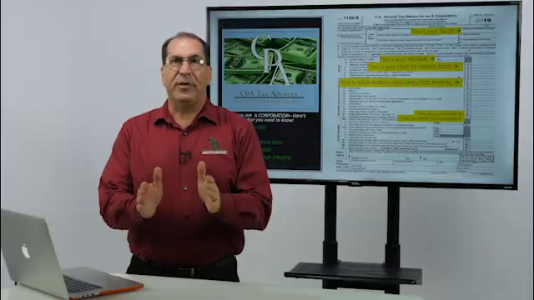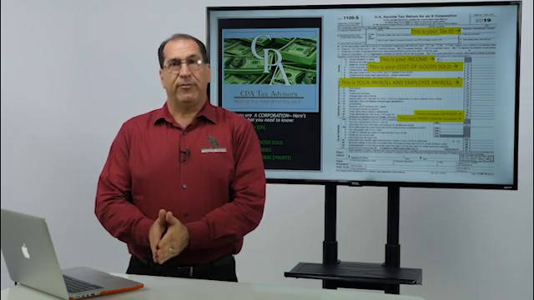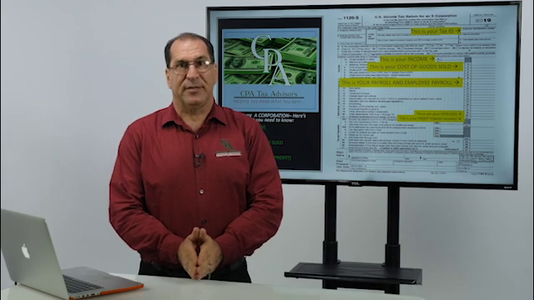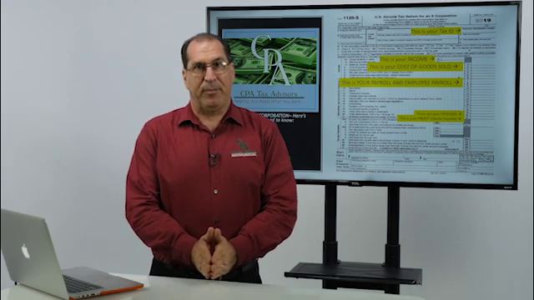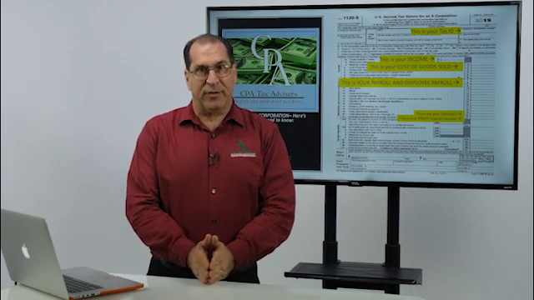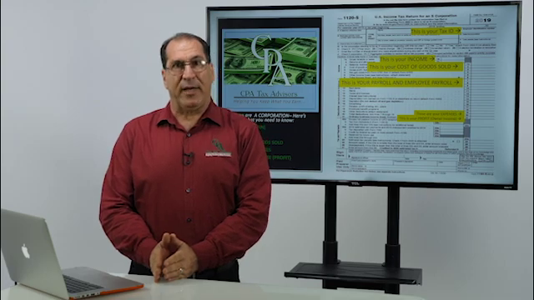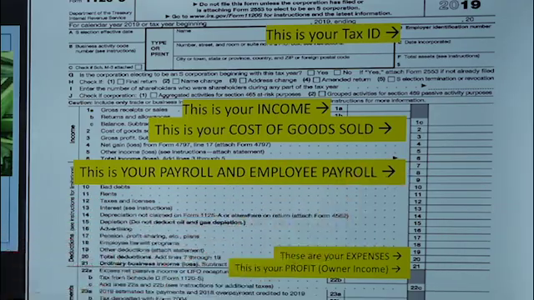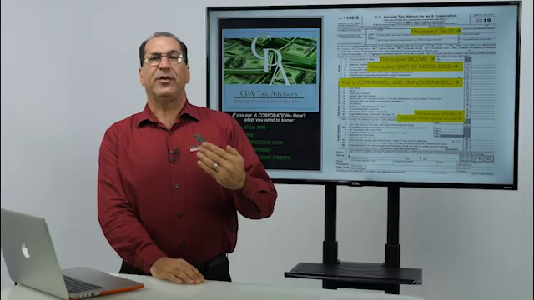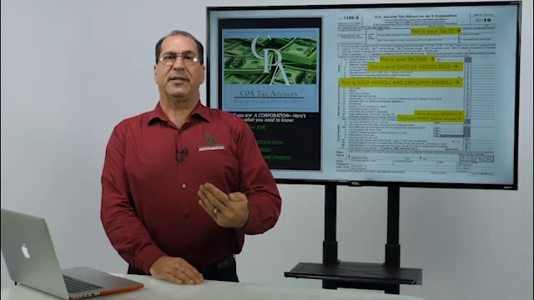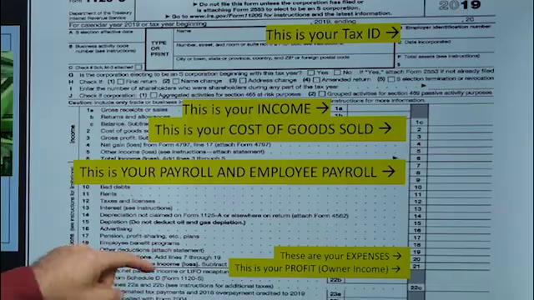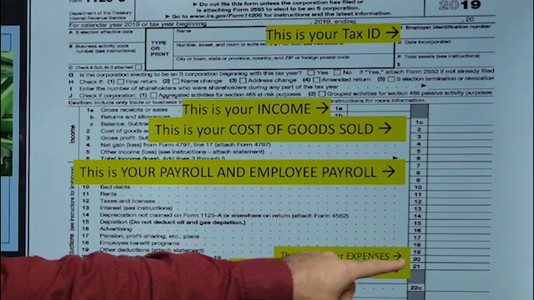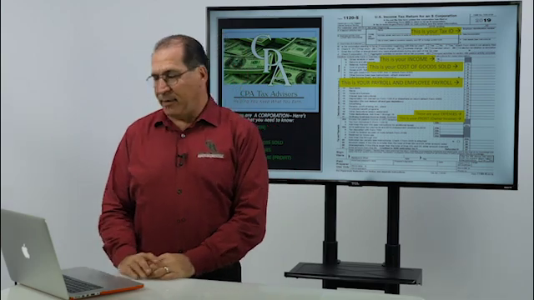Now remember, if you have an S Corp, you have formed a corporation and the corporation has hired you as its employee. So you should have payroll for yourself as an officer and then however many employees you have. Those would be on line 7 and line 8. Then they're going to ask you, what are your total expenses of the business? You'll see the expenses here on line 20, and your profit will be line 21.